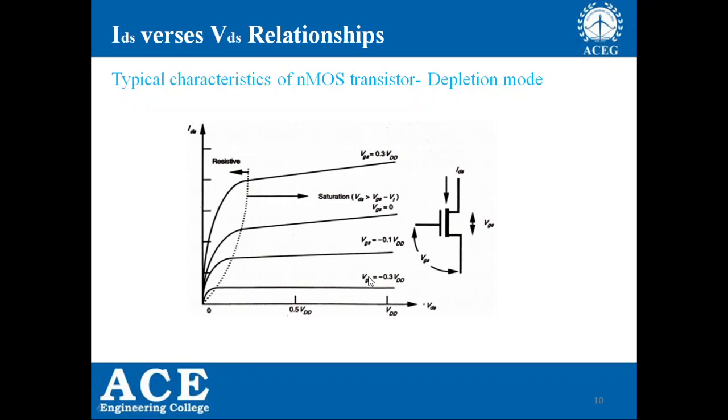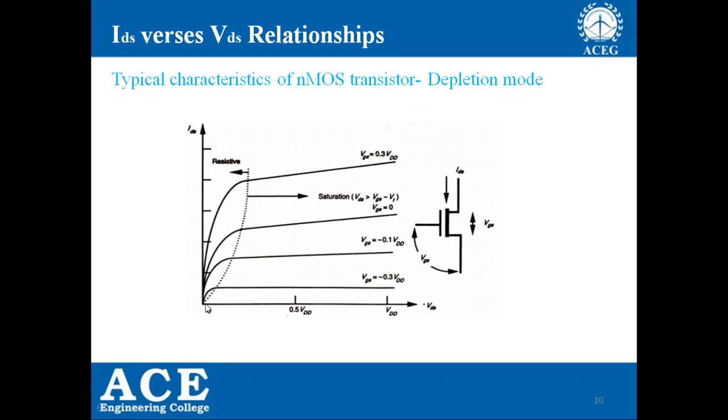Here we are taking VGS constant. So if we take VGS equal to minus 0.3 VDD, because this depletion type transistor has a threshold voltage around minus 0.7 VDD or minus 0.6 VDD, at this voltage the transistor will become on and we will be getting some current.